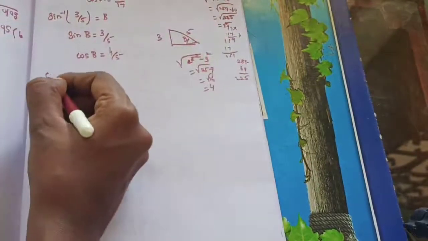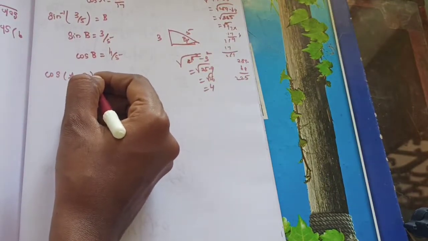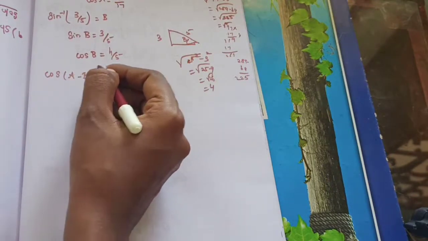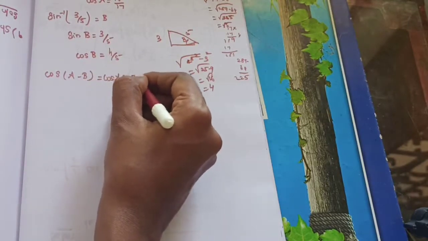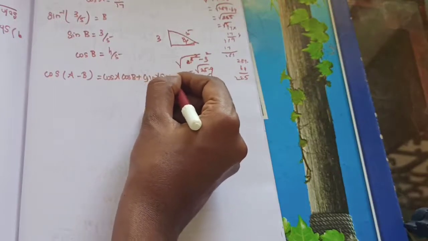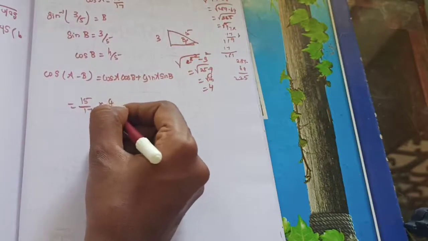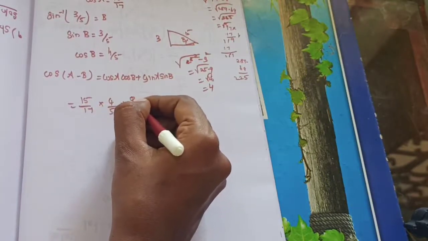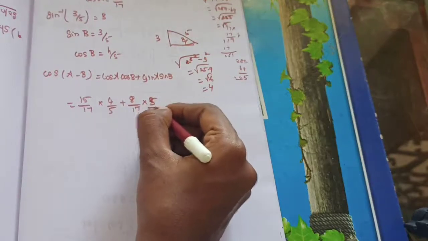So now you consider the formula for cos of A minus B equal to cos A cos B plus sin A sin B. Substitute 15 by 17 into 4 by 5 plus 8 by 17 into, sorry, into 3 by 5.